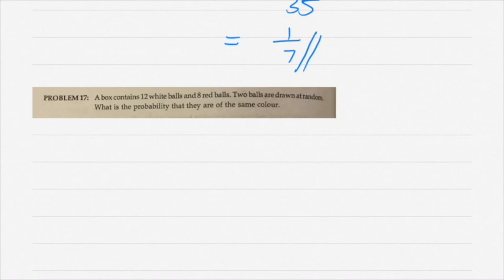So, how many balls are there? There are 12 white balls and 8 red balls. So, 12 plus 8. Total, there are 20 balls, right?